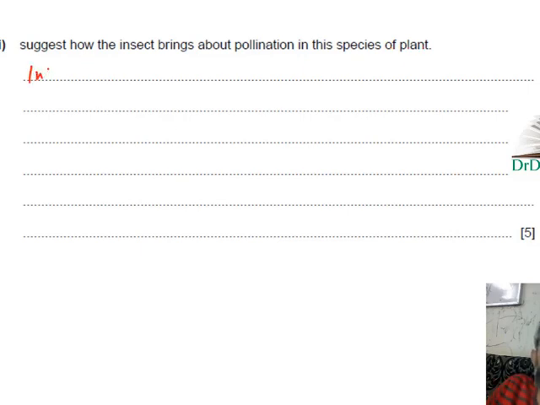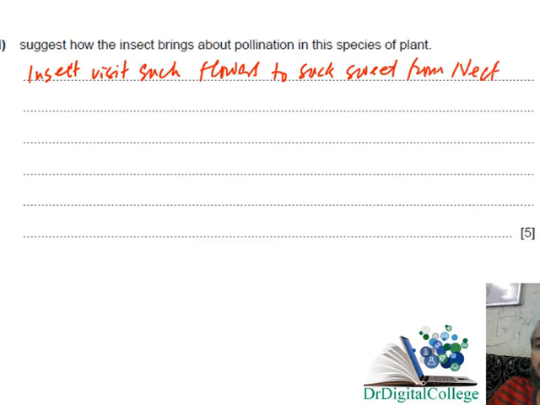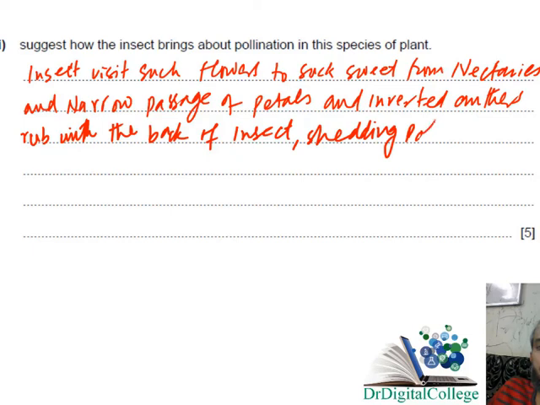So we will write here that insects visit such flowers to suck sweet nectar from nectaries, and the narrow passage of petals and inverted anthers rub with the back of the insect, shedding pollen grains on the insect.